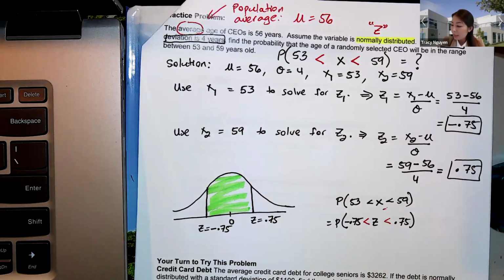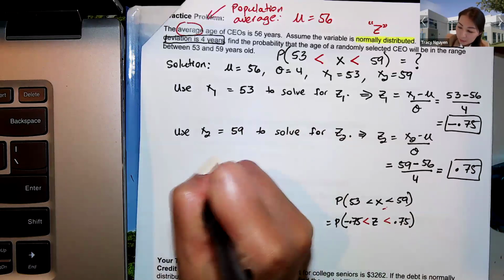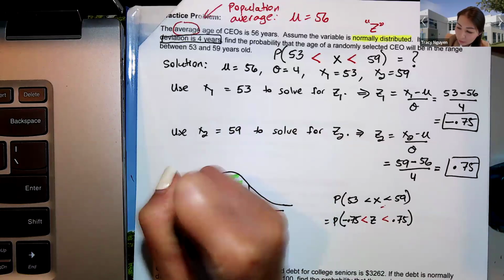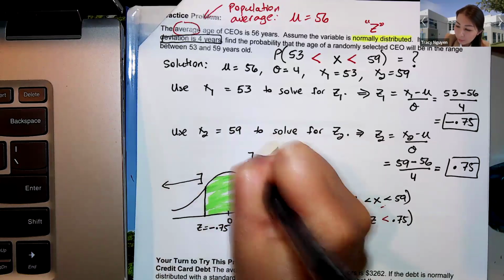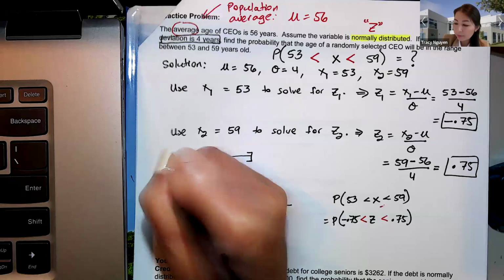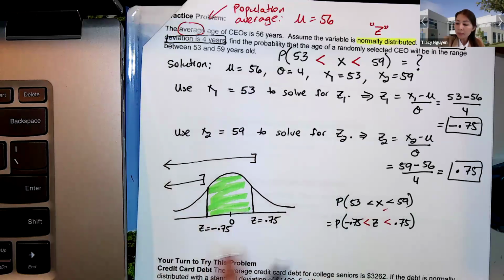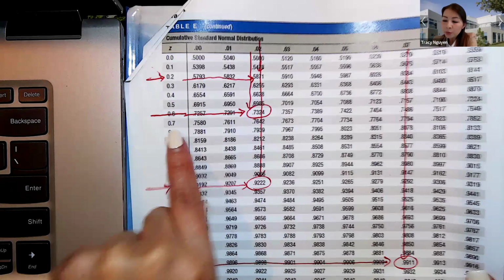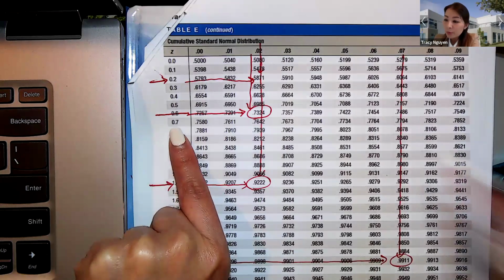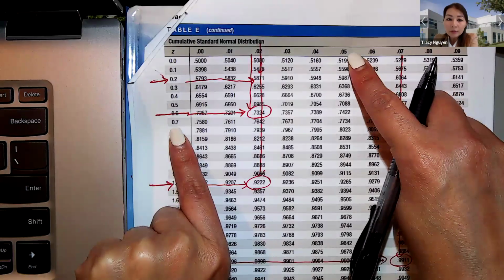Okay, so let's read it from our table. The table gives us the area to the left, therefore, we're pointing our arrow to the left. We're going to read it for the positive 0.75 first. We go down to 0.7 and we move it over by 0.05.